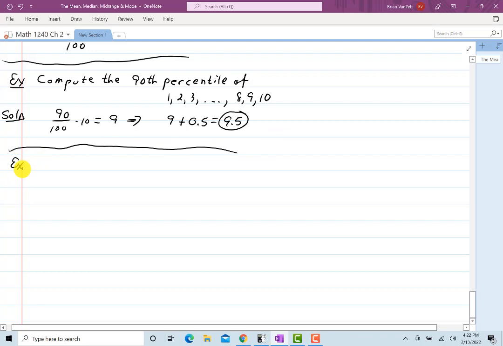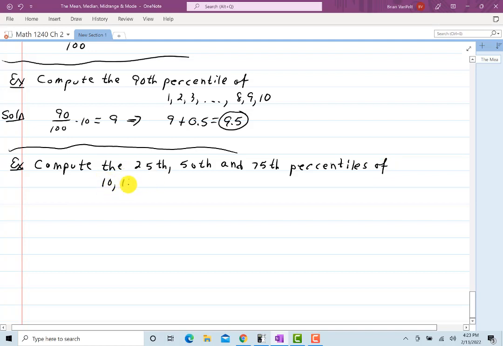Example, compute the 25th, 50th, and 75th percentiles of 10, 11, 12, 14, 15, 15, 16, 17, 19, 20, 21, 22, 25, and 28.